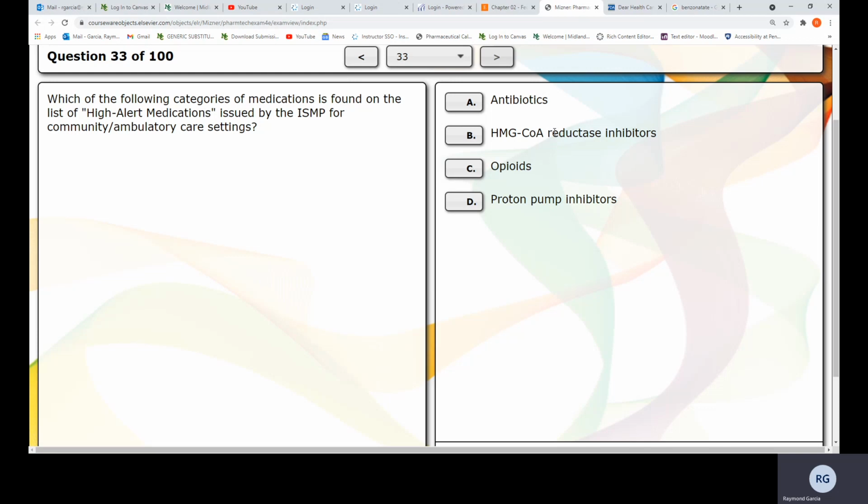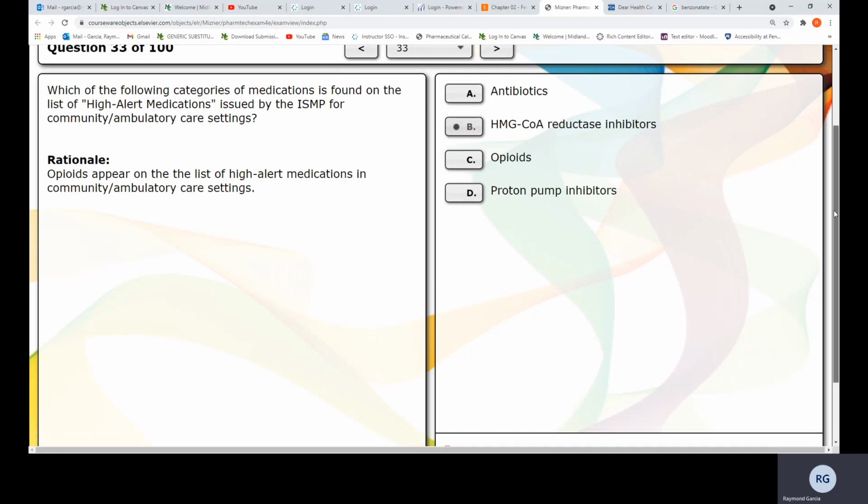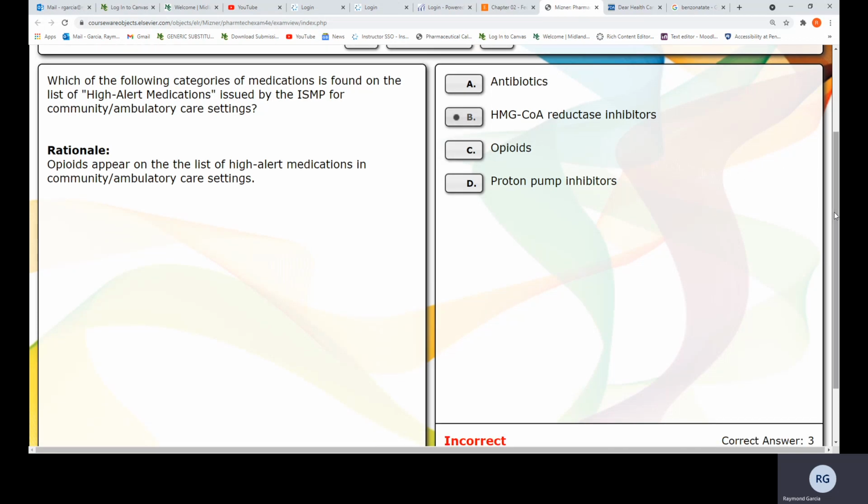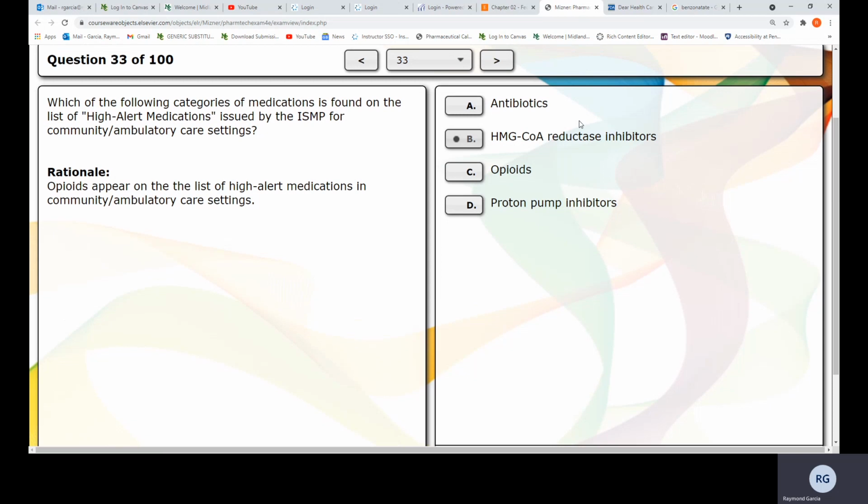Opioids is like your codeines and stuff. B. Opioids appear on the list of high alert medications, which is understandable. It's got your codeine, your fentanyl, stuff like that. These, I believe, it's a heart medication, and of course, we know what antibiotics are.